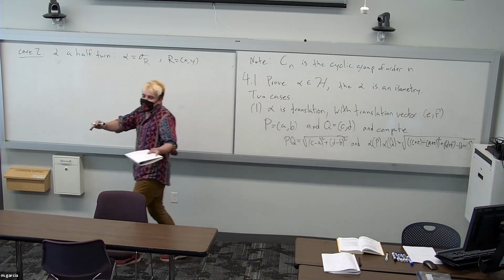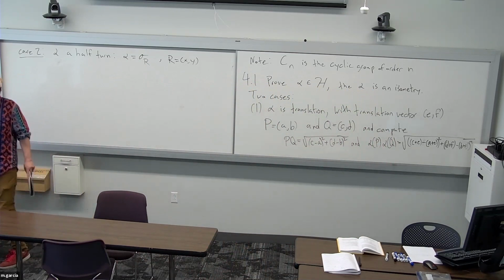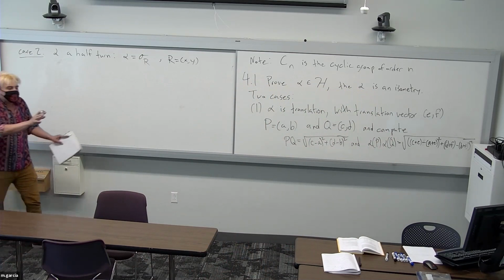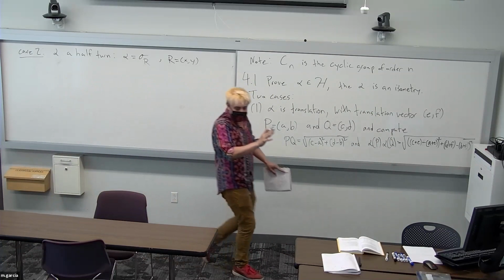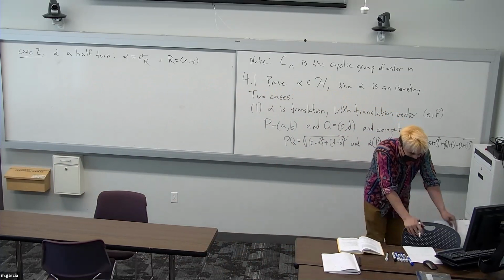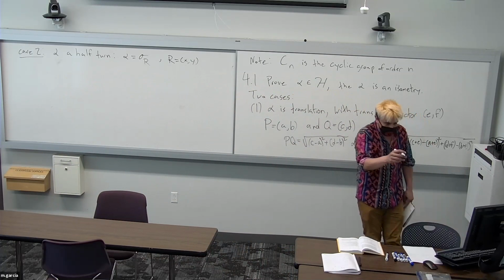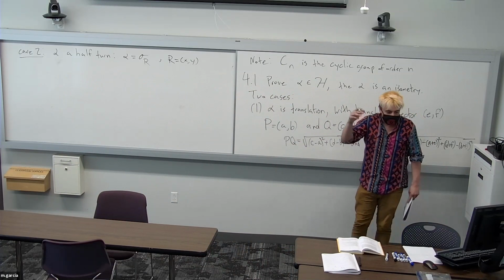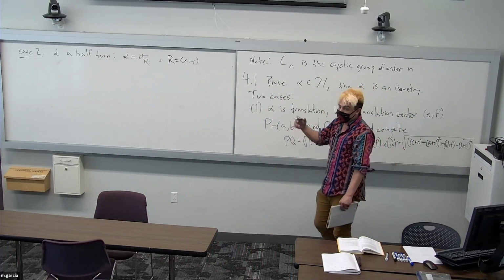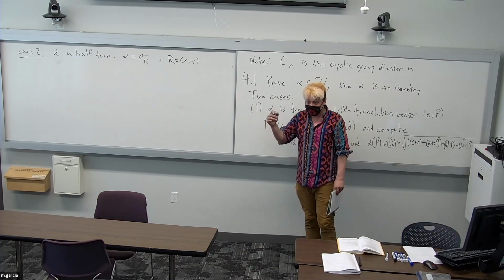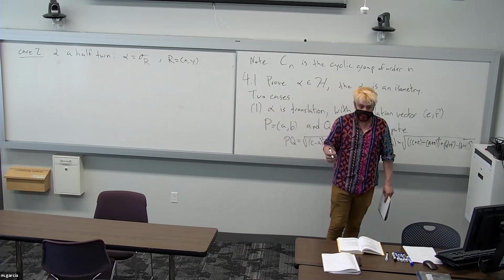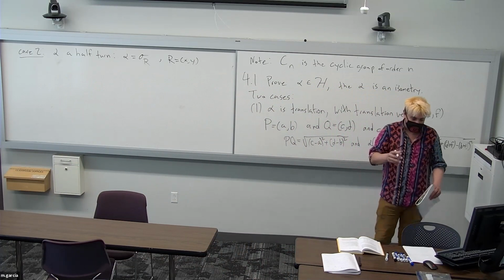Is this okay with everybody? Does this feel fine? So Jordan asks, we just have to show distance is preserved to show that a transformation is an isometry. Yeah, that's the definition of isometry.